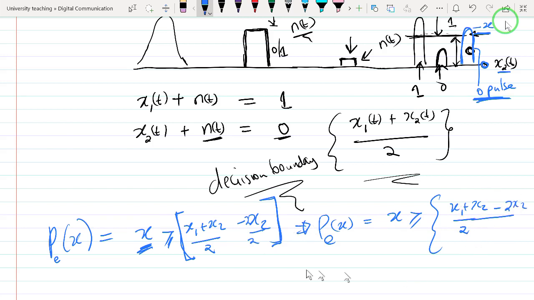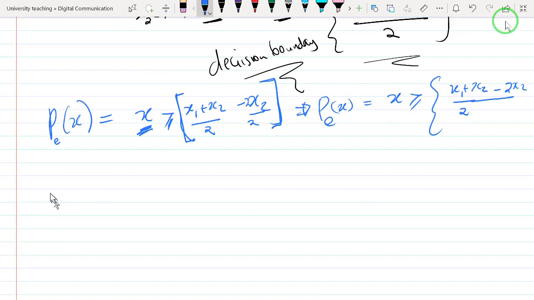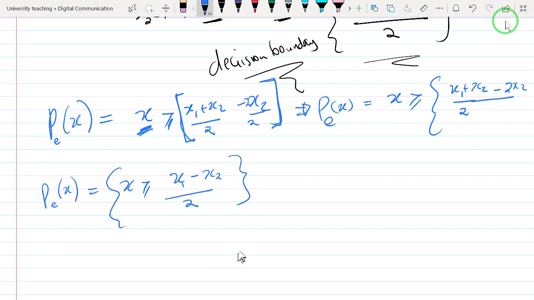And when you simplify this further, you get that the probability of error of x is going to be when x is bigger than or equal to (x1 minus x2) over 2. That is a very significant limit, that when our x is bigger than this value, then we are saying that x is going to be in error.